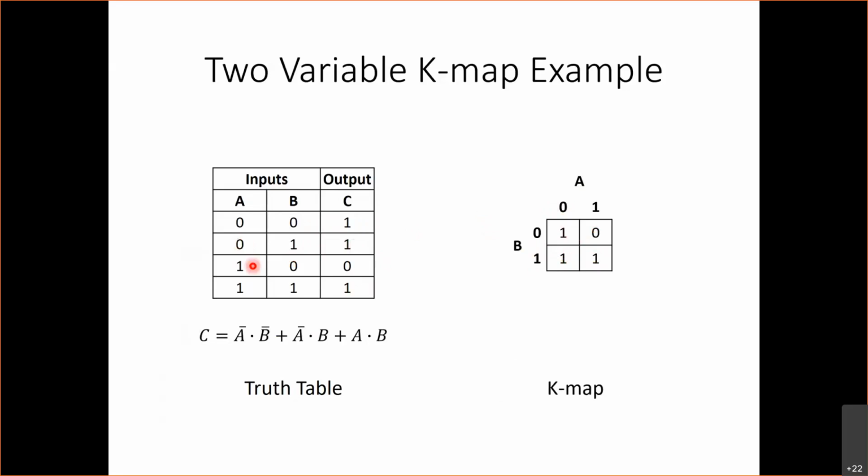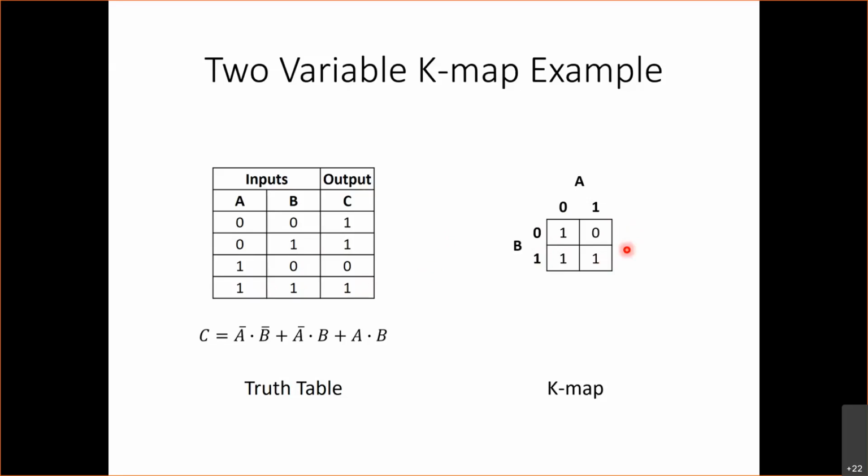And when A is 1 and B is 0, I'm going to put a 0 over here. And finally, when A is 1 and B is 1, the output will be 1. Okay, so now I've used my truth table to fill out this Karnaugh map.